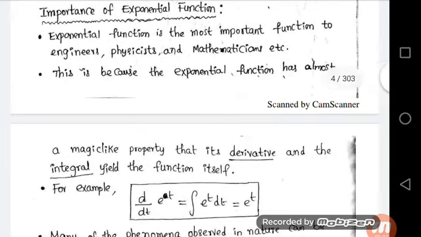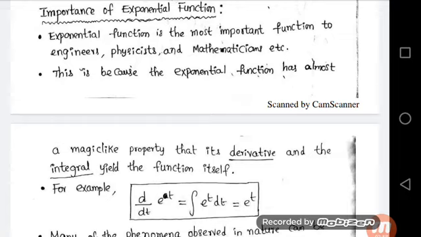Next is the importance of exponential functions. The exponential function is the most important function to engineers, physicists, and mathematicians.